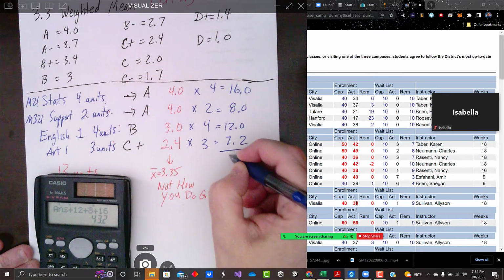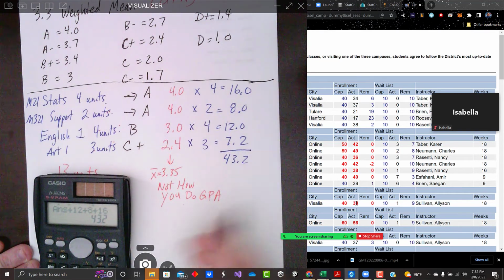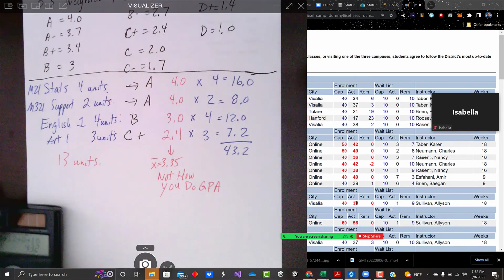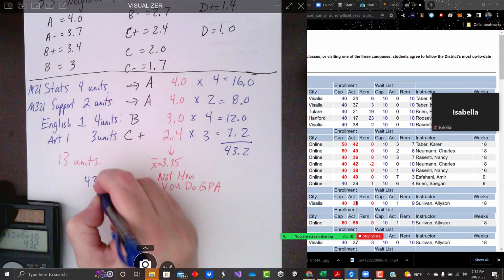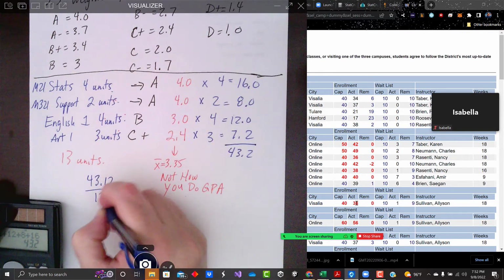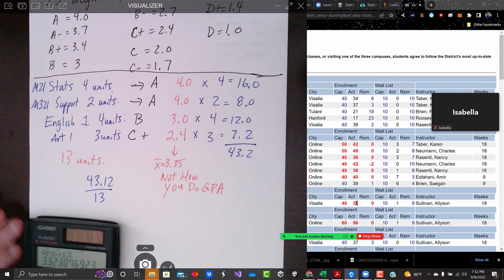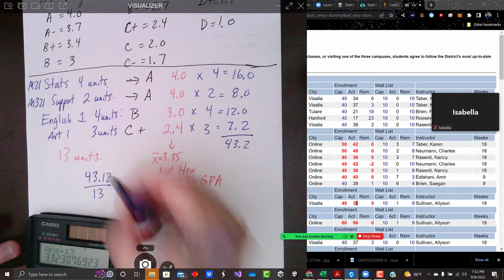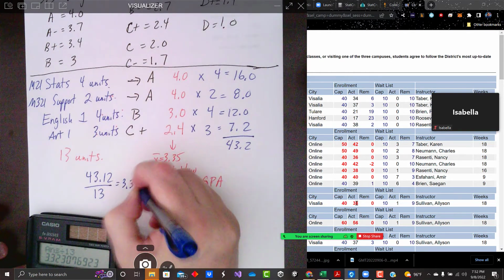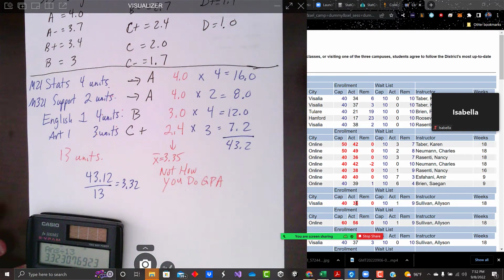This is 43.2. And then we're going to do 43.2 divided by 13. 3.32. So it's close to the 3.35. That's just coincidence.